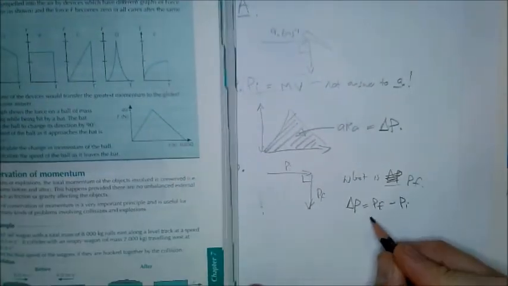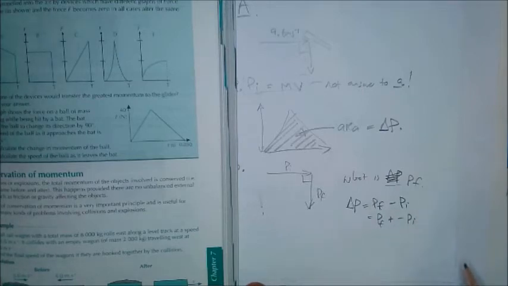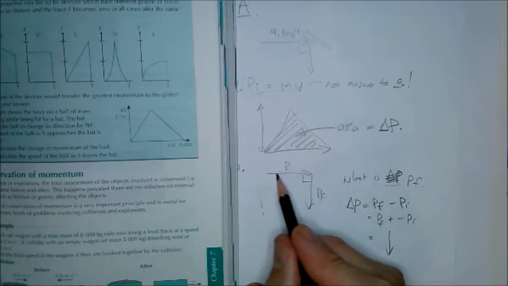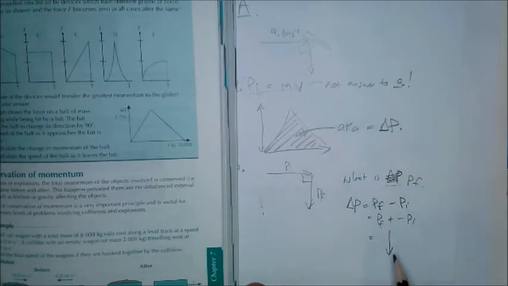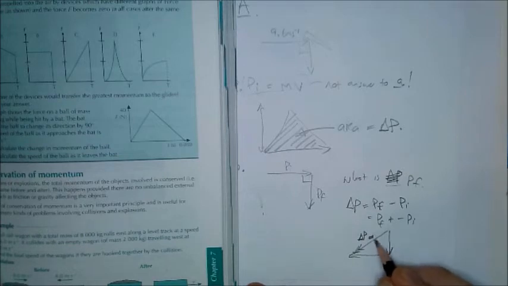This is your classic situation: that's the same as pf plus negative pi. Now pf is down, and pi is that way, so negative pi is this way, and so delta p is this way by doing the vector addition. This is pf and this is negative pi.